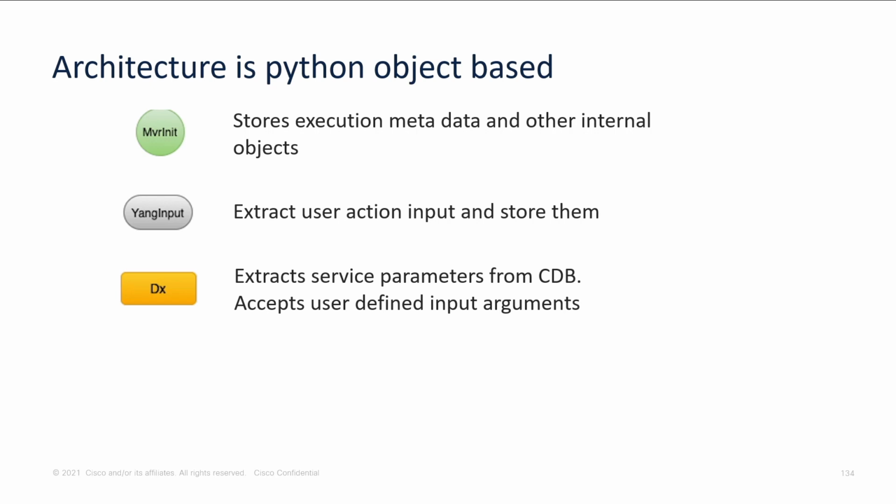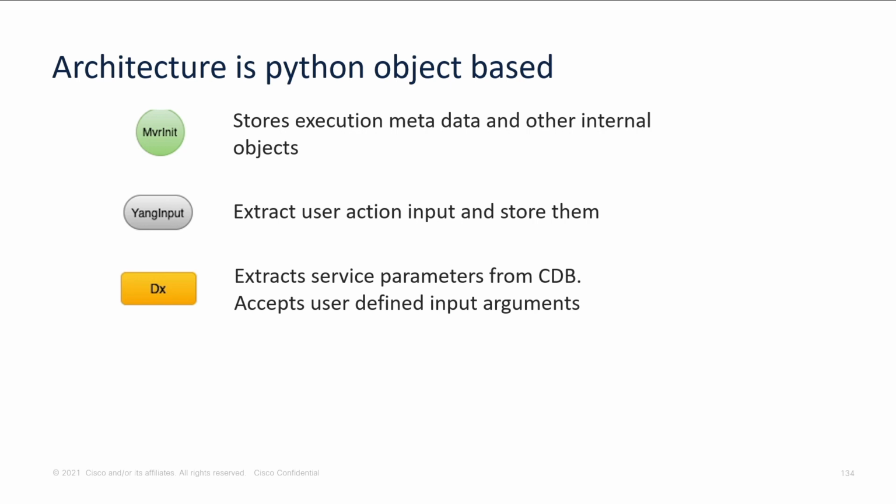So this is the most interesting part, DX. This is the data extraction object. This is where the cool thing happens, right? Normally when you want to access or retrieve any data from NSO CDB, you use the MAAPI or Magic API, and you get a root object, and then you navigate, and if the attribute doesn't exist, sometimes you get an error. Here you don't have to do any of those.